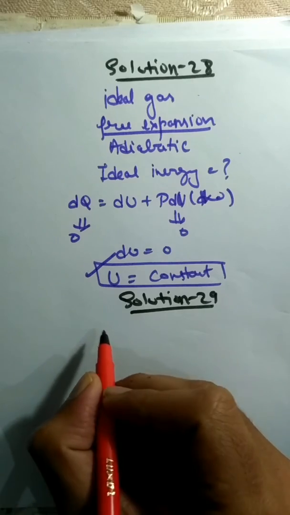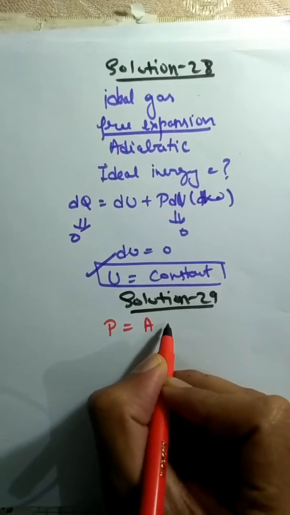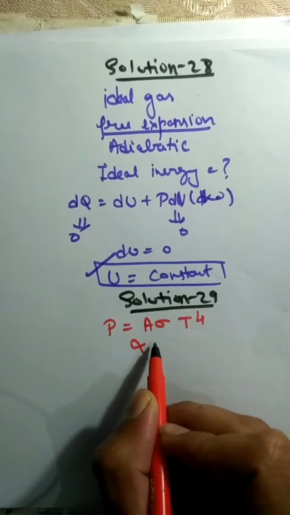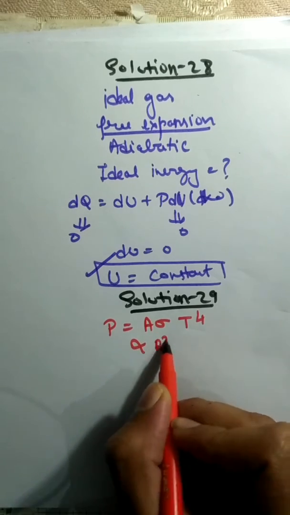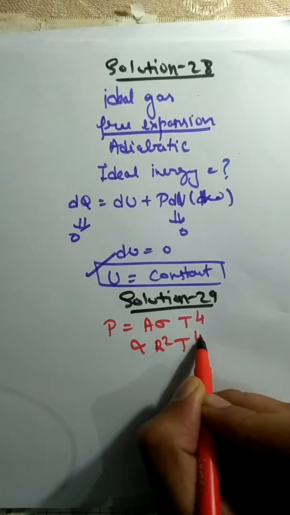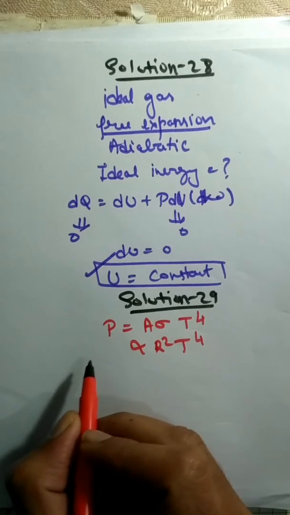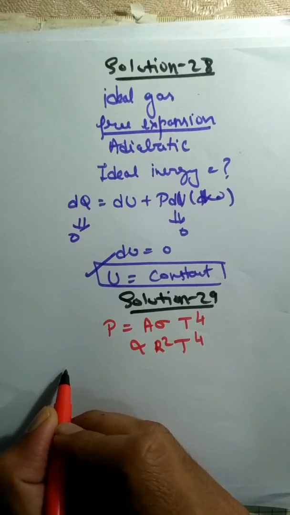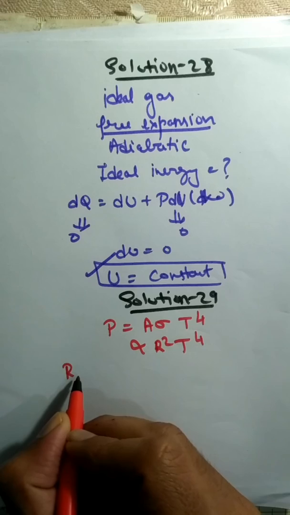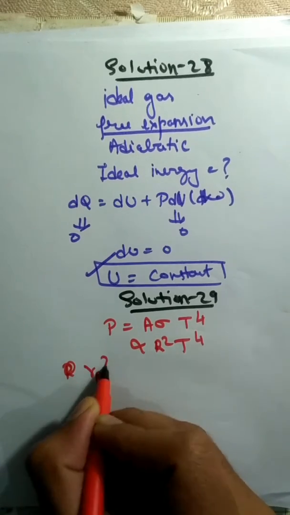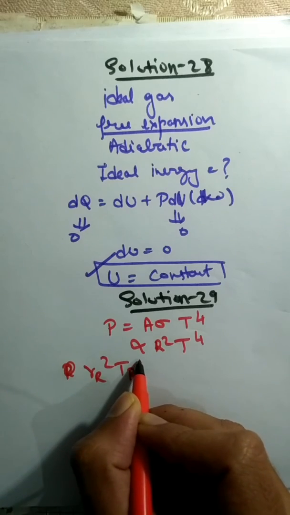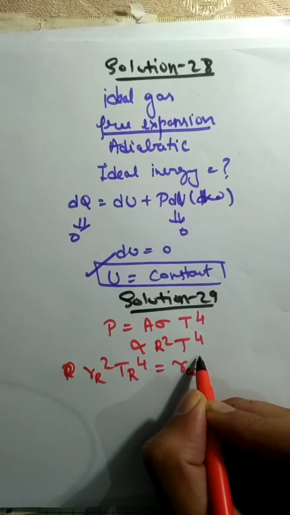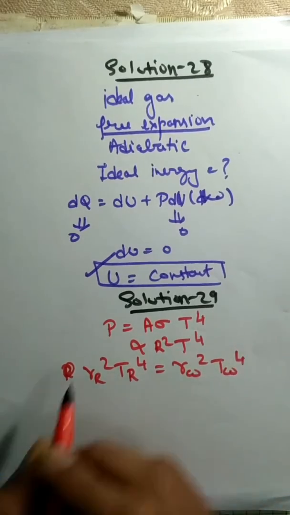According to Stefan's law, power radiated is equal to area times sigma T to the power 4, and since area is directly proportional to the square of the radius, P is proportional to R squared T to the power 4. Since the power radiated by both the red star and white star is the same, R_R squared times T_R to the power 4 is equal to R_W squared times T_W to the power 4.